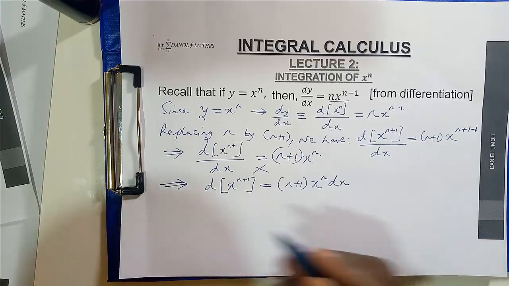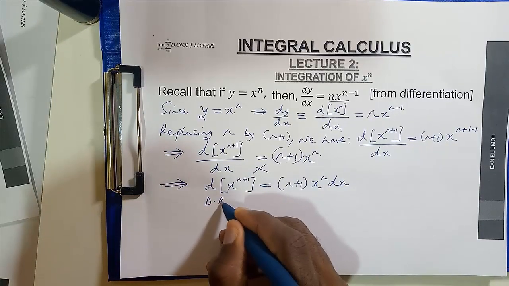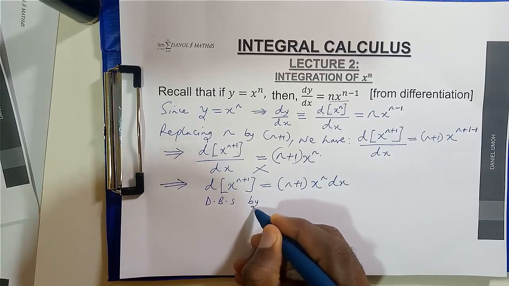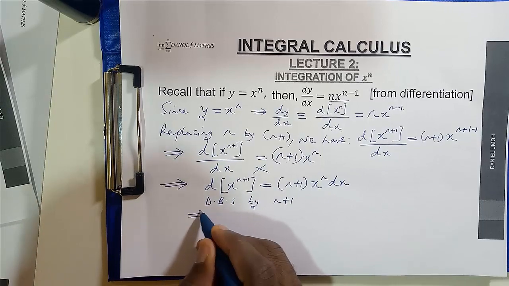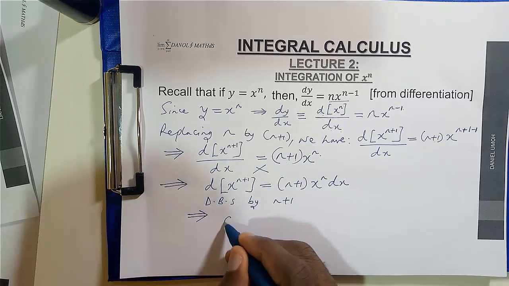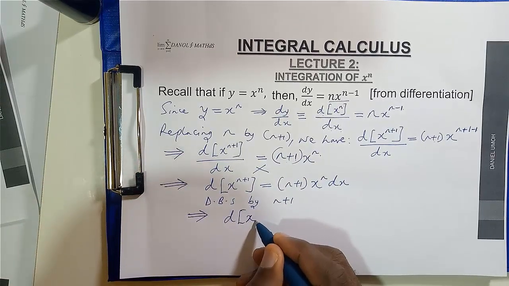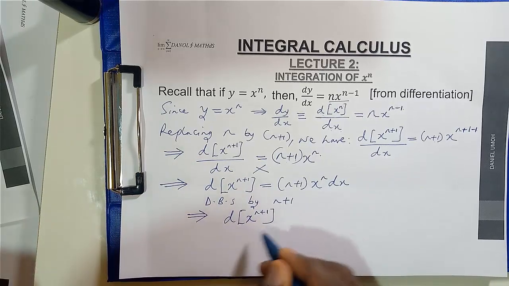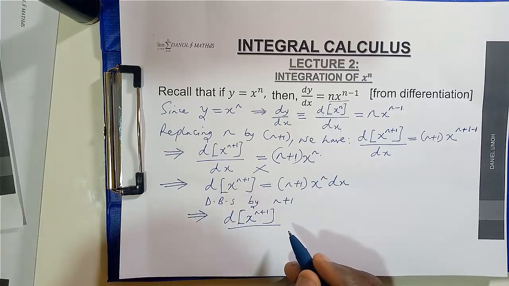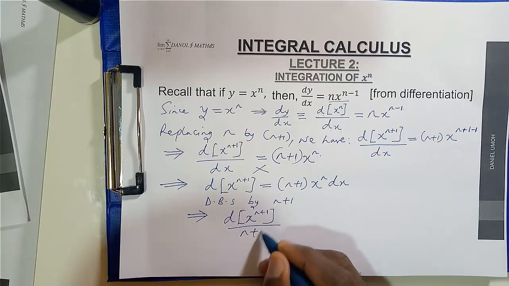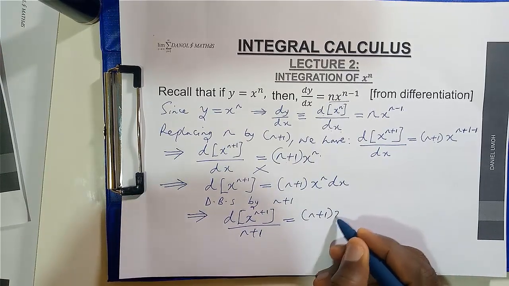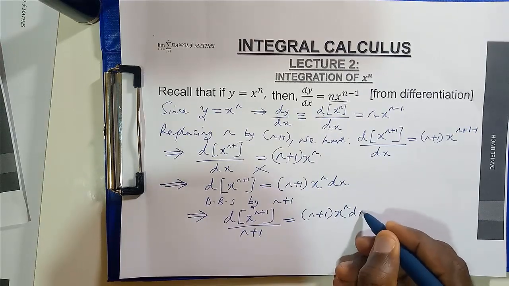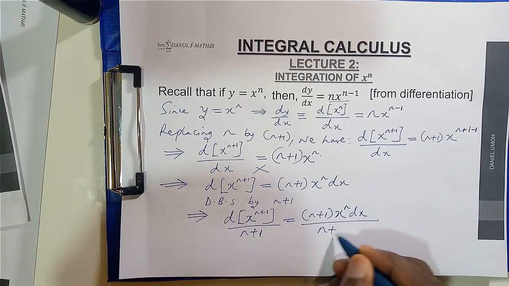So if I divide both sides by n plus 1, now I will have something like this: d of x raised to the power of n plus 1 over n plus 1 equals n plus 1 x raised to the power of n dx over n plus 1.